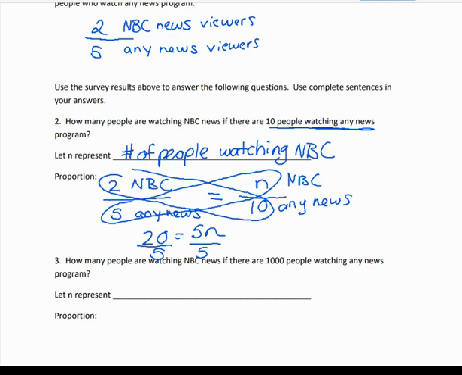So 20 divided by 5 gives me 4. 4 equals n. So what does that mean? There are 4 people watching what? Any news or NBC? What did we just say N represents? NBC.